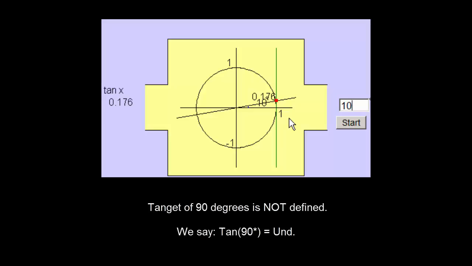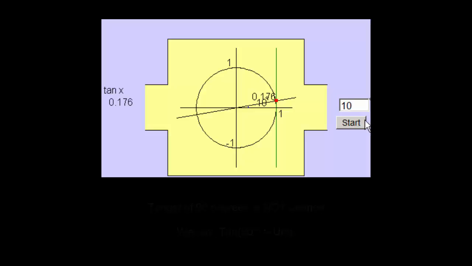In fact, if we go all the way around to 270 degrees, the same thing will happen. Now watch what happens if I go more than 90 degrees. More than 90 degrees means I'll intersect over here in quadrant 2. Now where do we draw the connection? Well, you might say that's never going to intersect this vertical line.